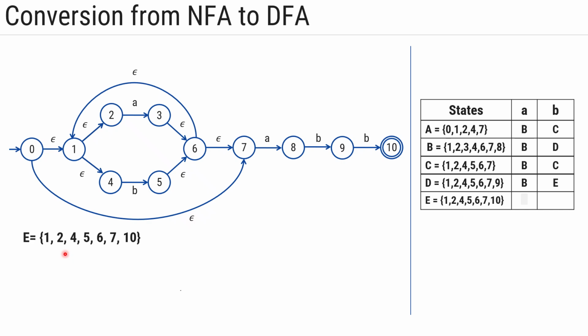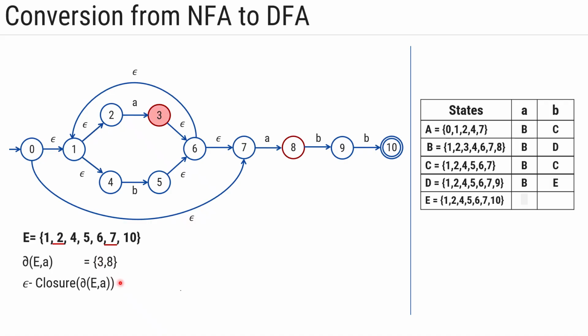So now delta of capital E comma small a. We have a transition only on state 2 going to 3, and another one is 7 going to 8. So these two have a transition, so only 3 and 8 we get. So the e-closure of delta of capital E comma a is nothing but 3 comma 8.